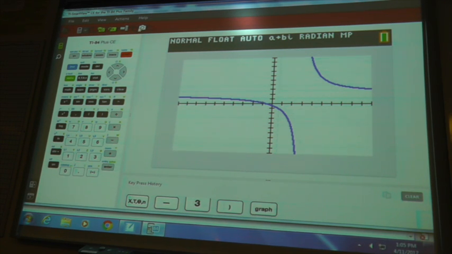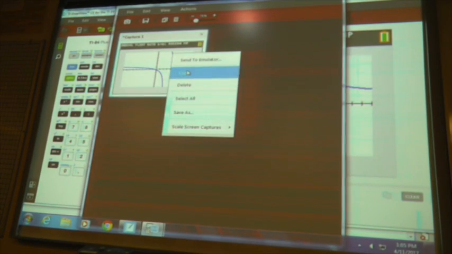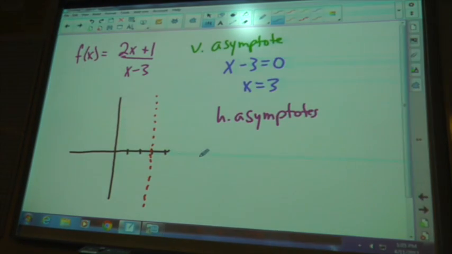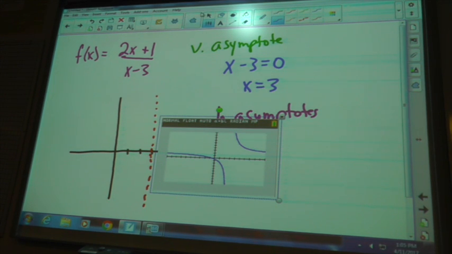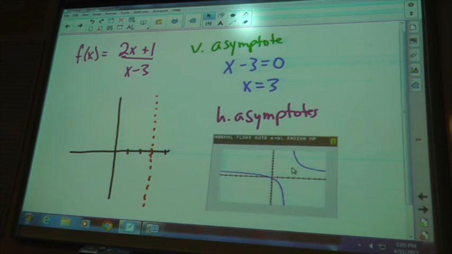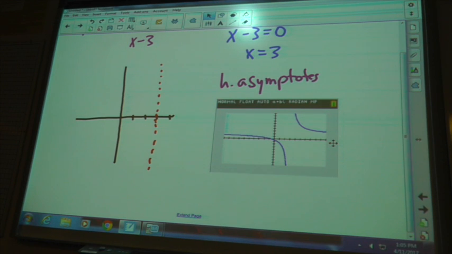What that means is if this represents something in life, population or your money or whatever it is, that y equals 2 is a stability point.